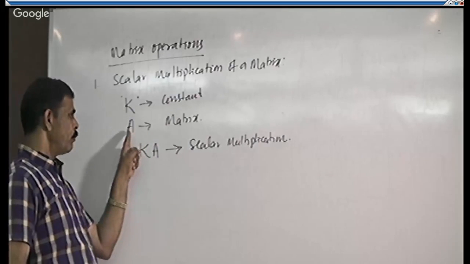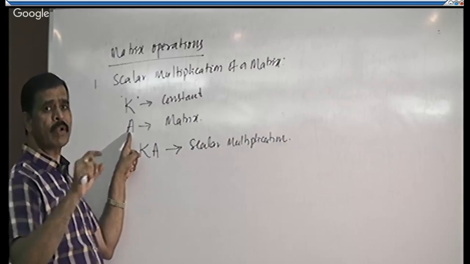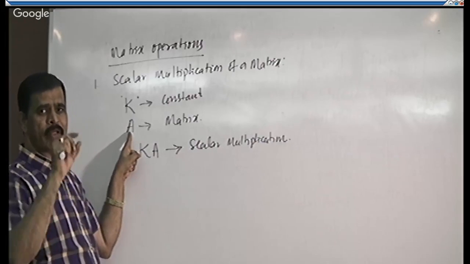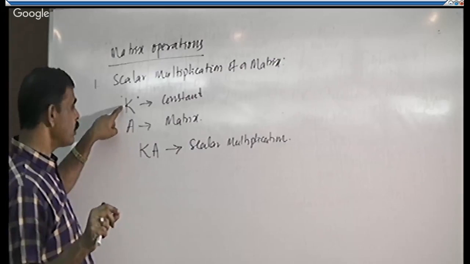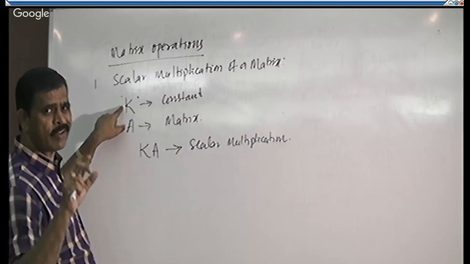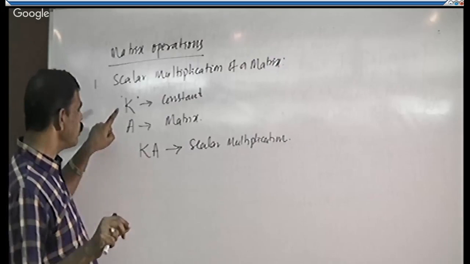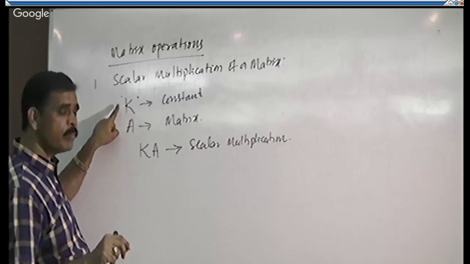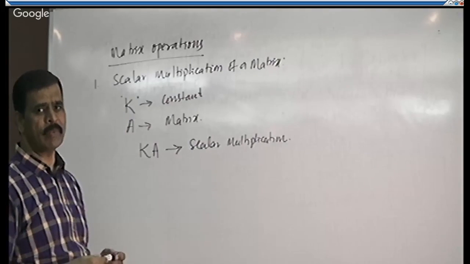A is a matrix which will have a number of rows and a number of columns, and in every row and every column there will be an element. K is a constant, a numerical value. How to get KA? All the elements of A must be multiplied with K. That is called scalar multiplication.